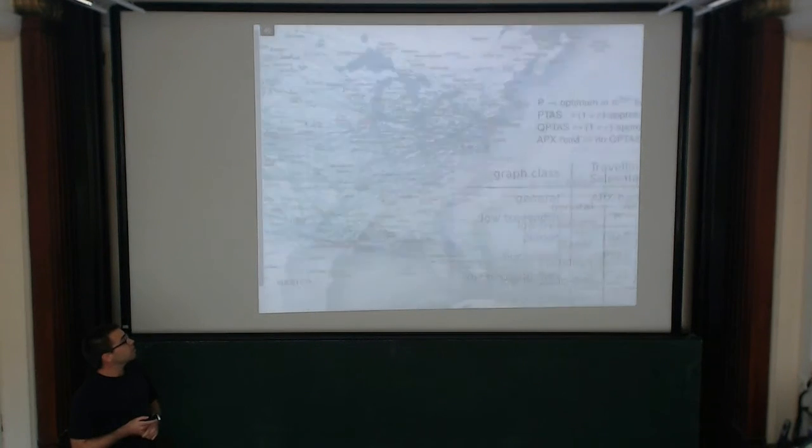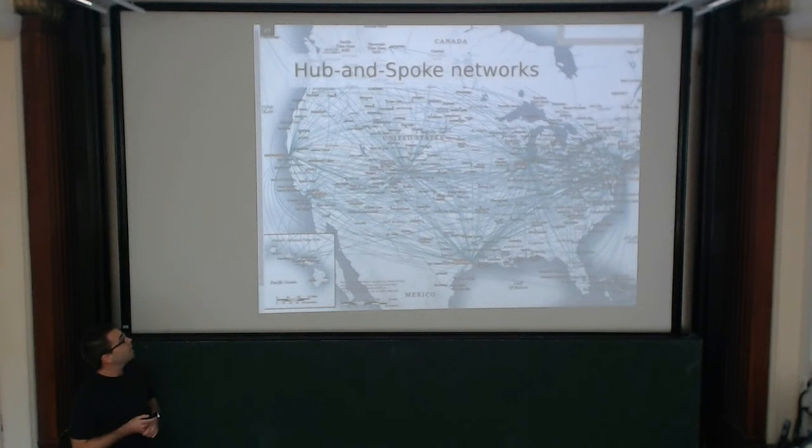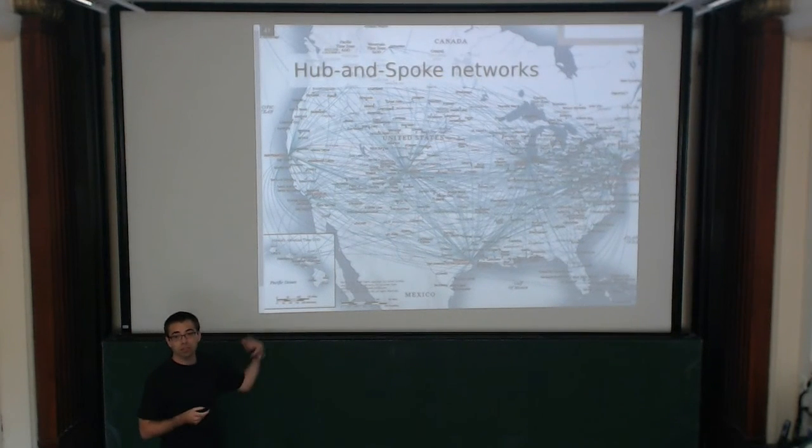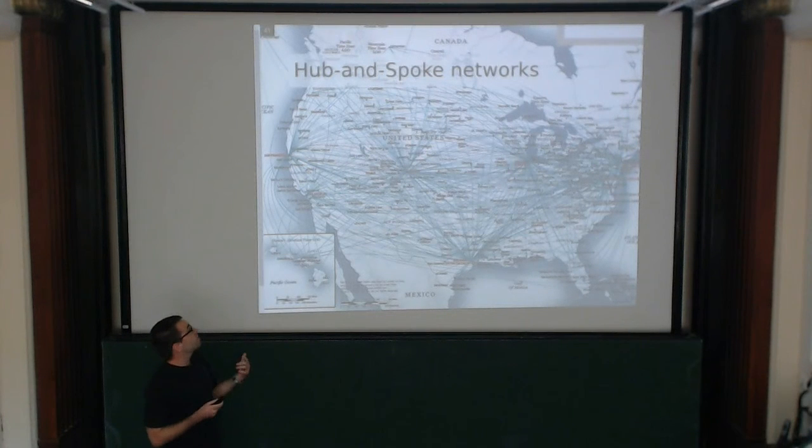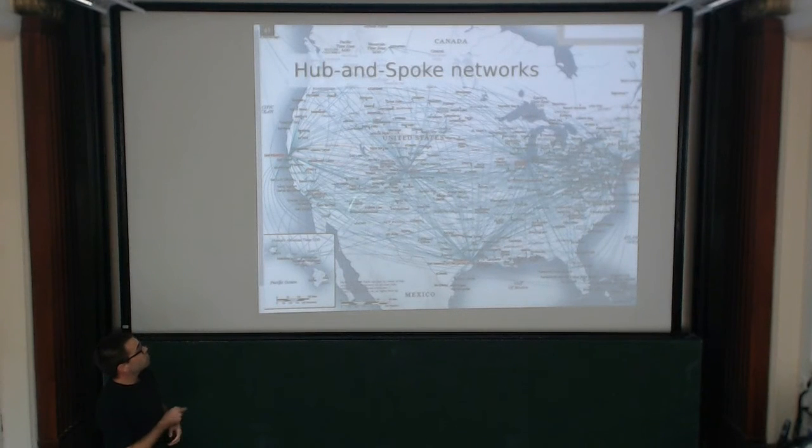So in particular, let's look at air traffic networks. This is a transportation network, and usually an air traffic network is a so-called hub and spoke network, which means that the smaller airports all connect to big airports from which you're able to reach faraway destinations. You can see from this picture alone that these graphs are not planar.